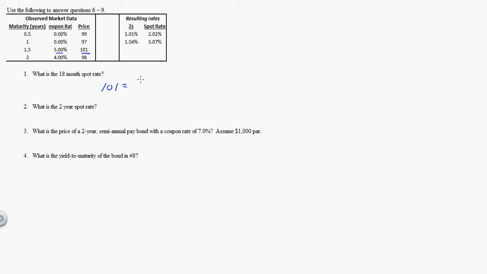The cash flows are 2.5, because it's 5% divided by 2, and 102.5 because this is for 3 periods. I discount the first at 1 plus 0.0101 to the first, because that's Z1. And then 1.0154 squared, because that's Z2, and then 1 plus Z3 cubed.